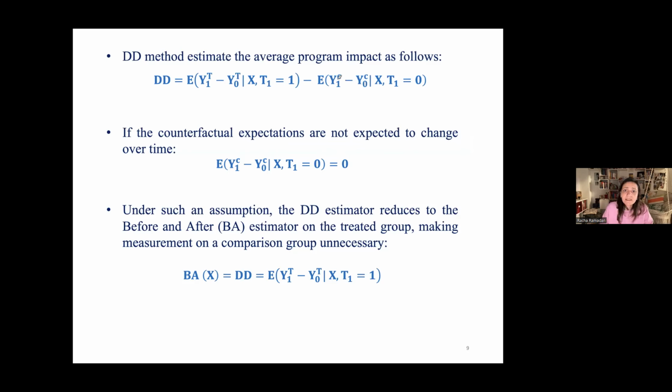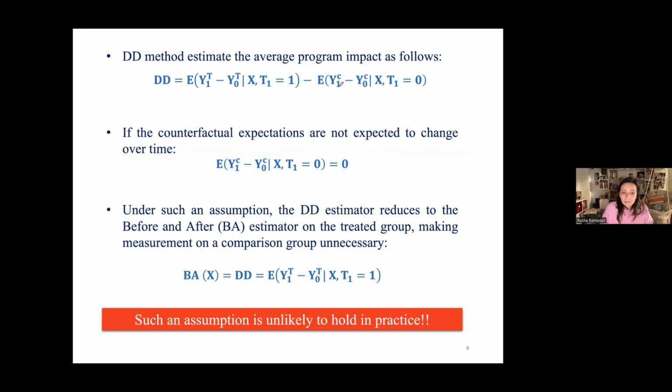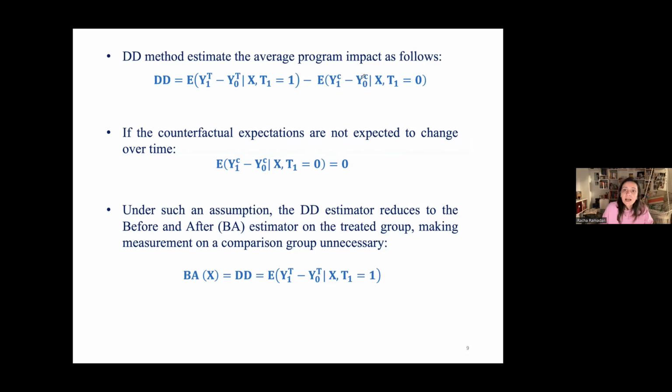Minus the expected outcome of the individuals who are not beneficiaries of the program, the control group, at period 1, minus the outcome of the individuals who were not benefiting from the Forza program at period 0, before the treatment, okay? And assuming that these individuals are not treated.